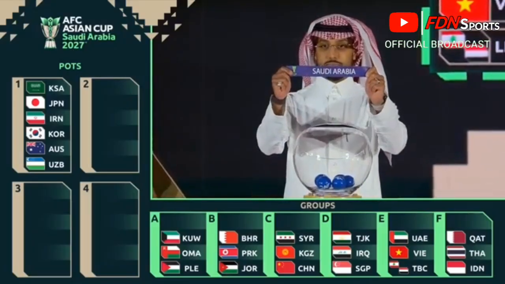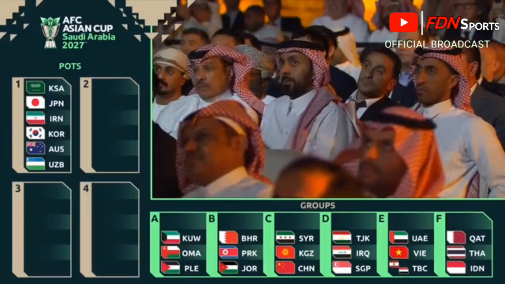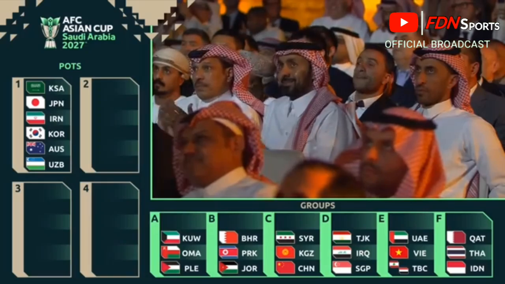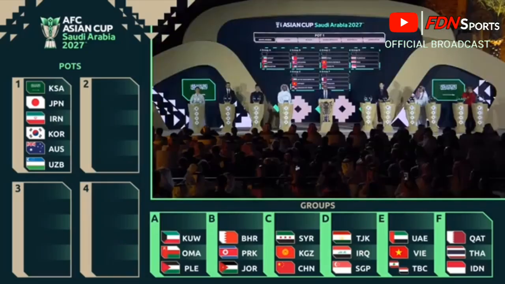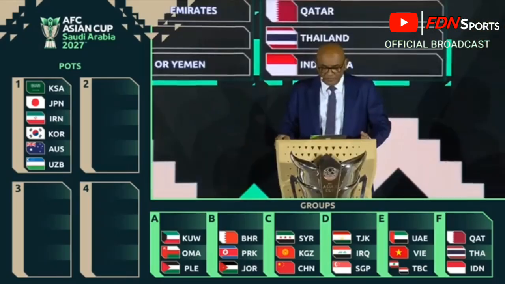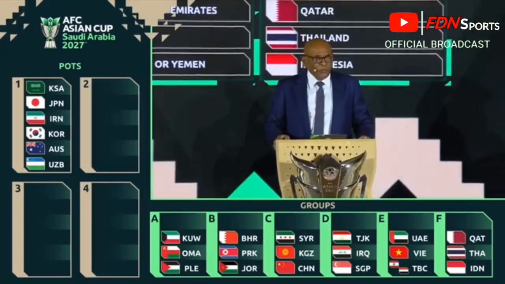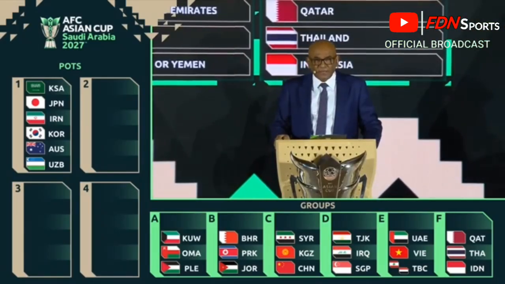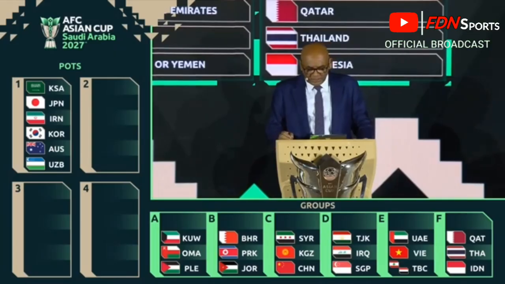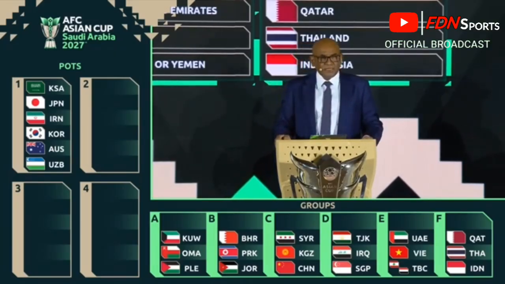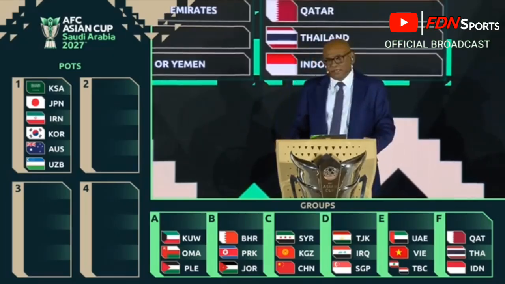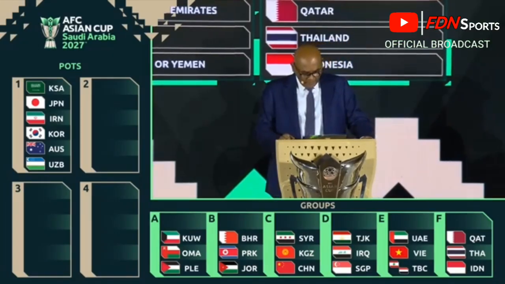Saudi Arabia. Saudi Arabia, proud host of the AFC Asian Cup for the very first time. 3 titles, second most successful team in the tournament history. Opening match on January 7 at King Fahd Sports City Stadium, 72,000 capacity venue. That is the largest of the 8 stadiums for the Asian Cup.